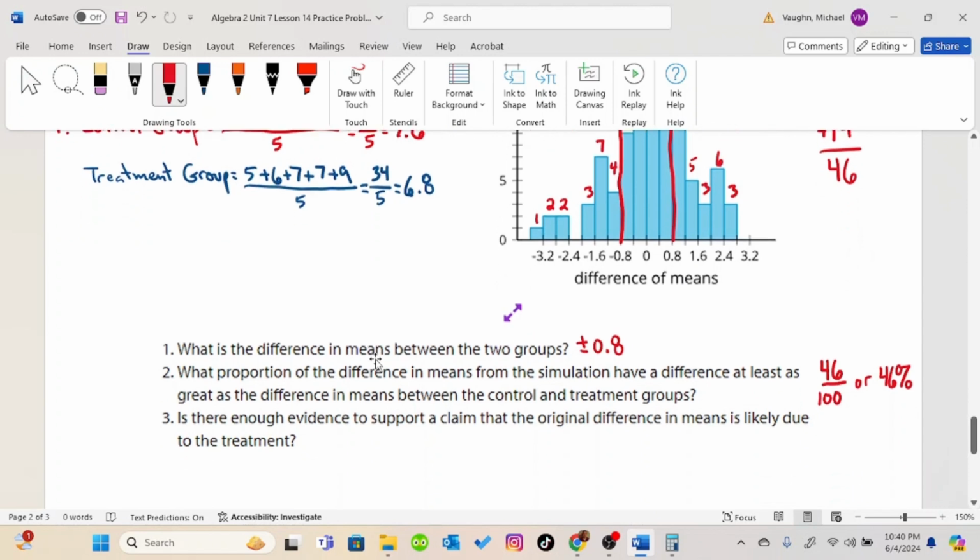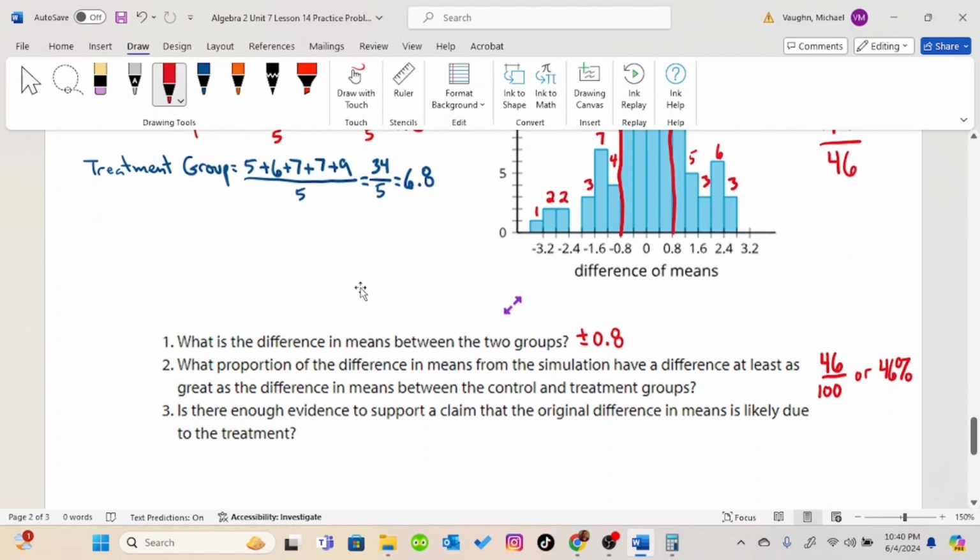And number 3, is there enough evidence to support a claim that the original difference in means is likely due to the treatment?